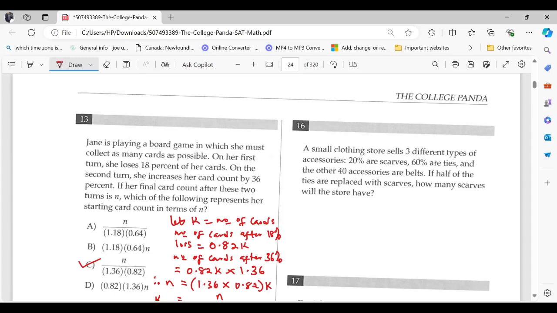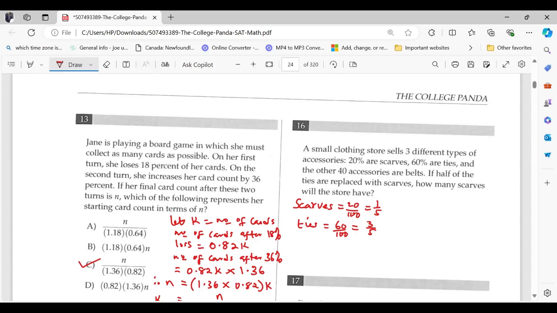Scarves equals 20%, which is 20 over 100, which is 1 over 5. All right. And then let's take ties. Ties is 60%, which is 6 over 10. That's 3 over 5.